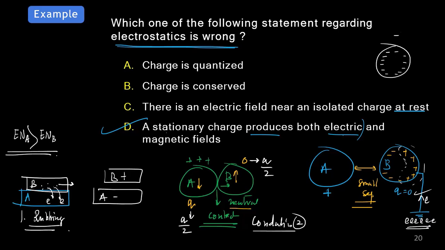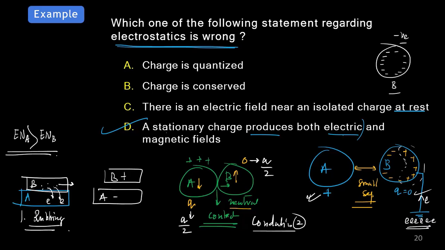So body B becomes negative. This is called induction. With induction, I get the opposite charge. Whenever a positive charge comes in close proximity to a neutral body, the neutral body becomes negative. In conduction, the same nature of charge comes, and in rubbing also the opposite charge comes. So these are the three different ways by which I can get charge inside a body.